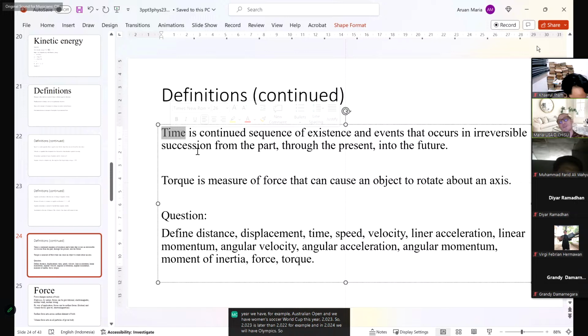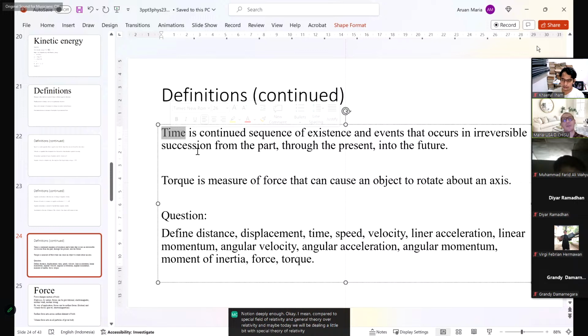So 2024 is after 2023. So that's basically how we use time in classical physics. We don't really analyze time notion deeply enough, compared to special theory of relativity and general theory of relativity. And maybe today we will be dealing a little bit with special theory of relativity.